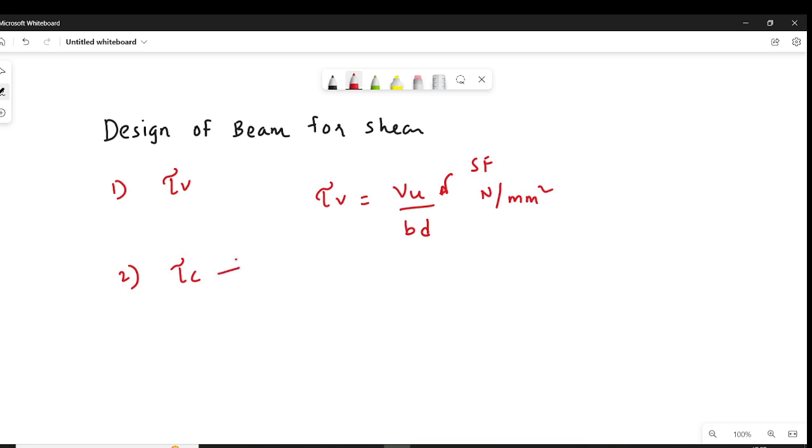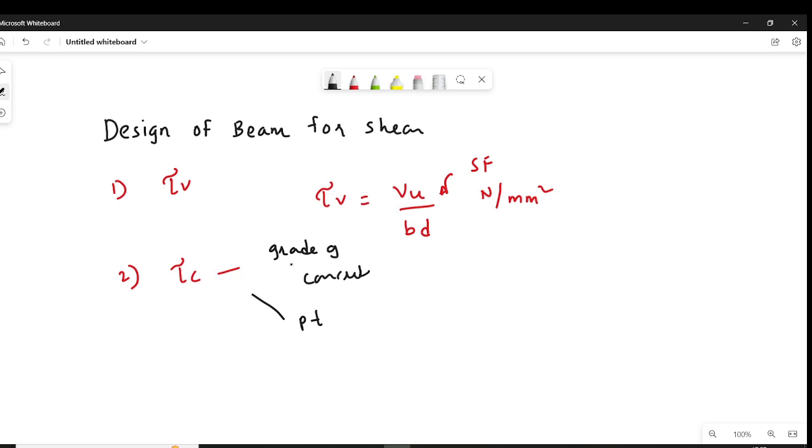Tau c depends on two values, and those two values will be given in the problem. It depends on the grade of concrete, and it also depends on the percentage of reinforcement in the beam.